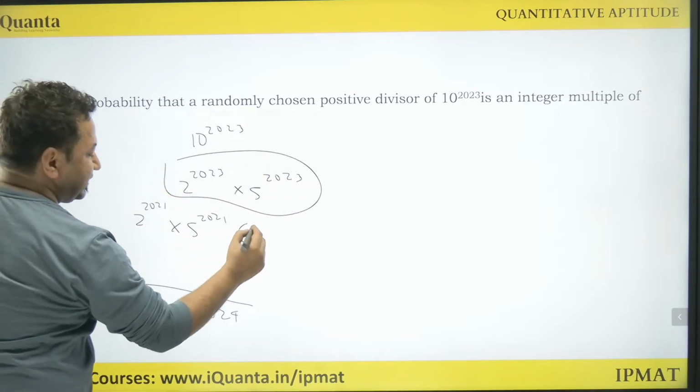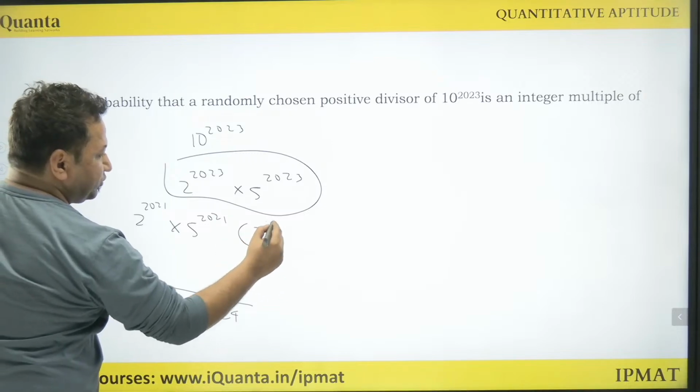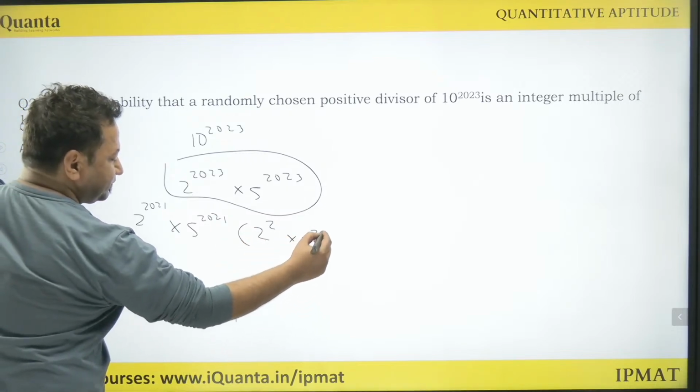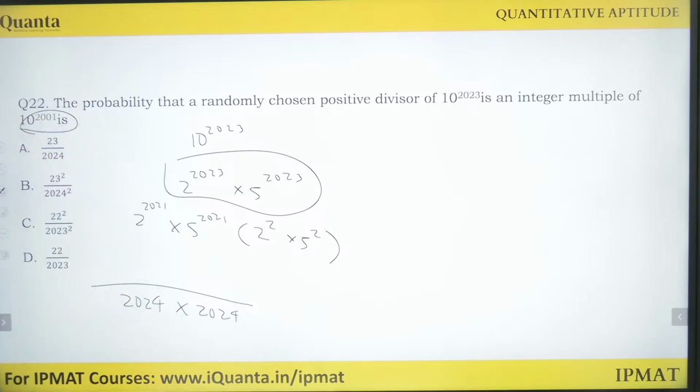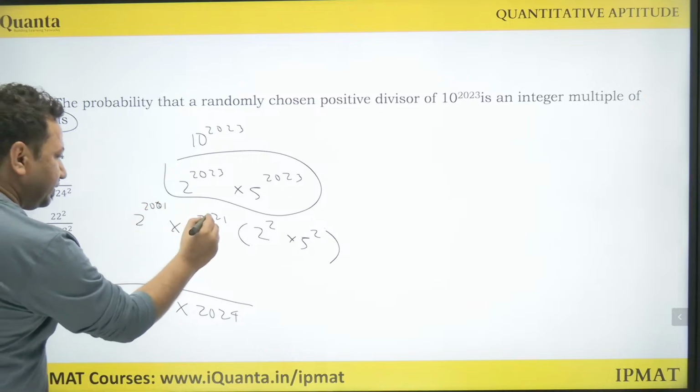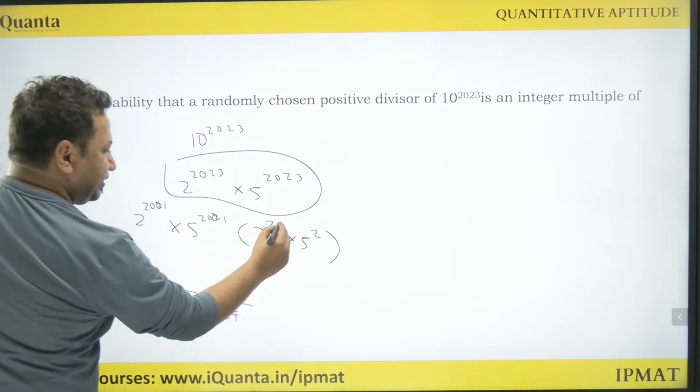All we have left inside the brackets is 2 to the power 2 multiplied by 5 to the power 2. Is that clear? It's 1, sorry, it's not 21. So I'll get 22 here, 22 here.